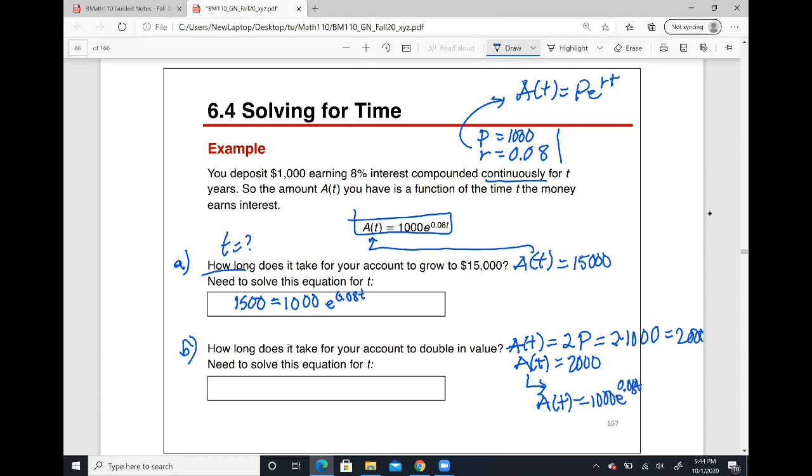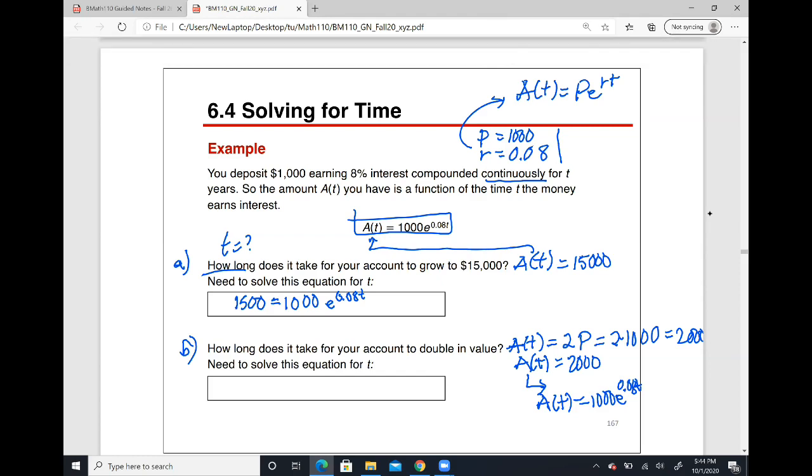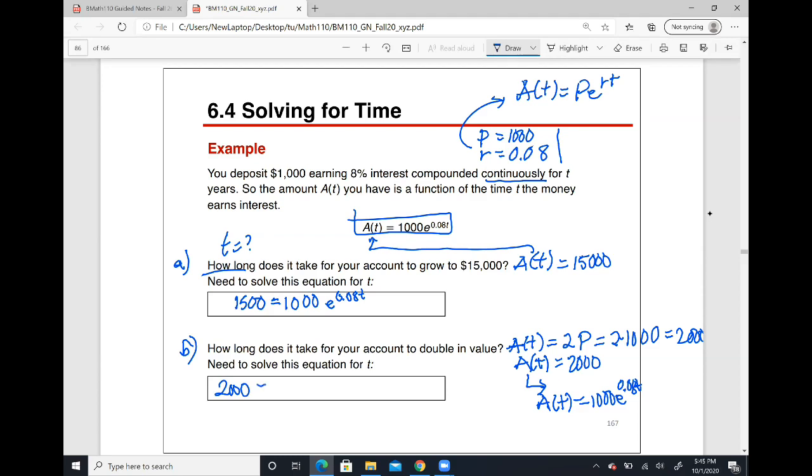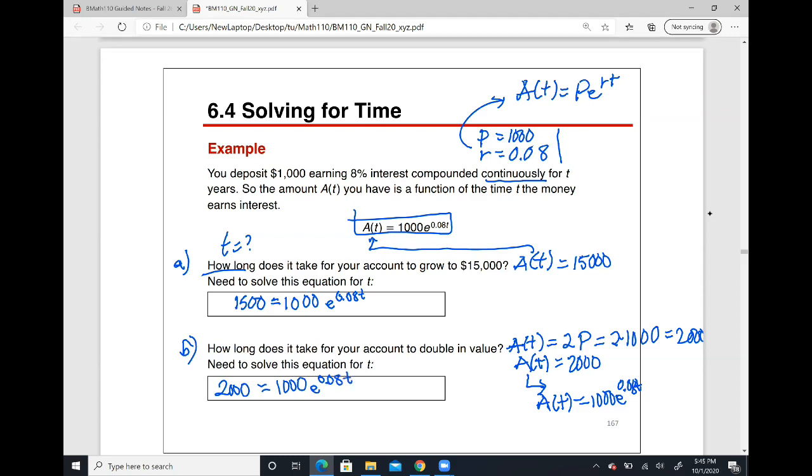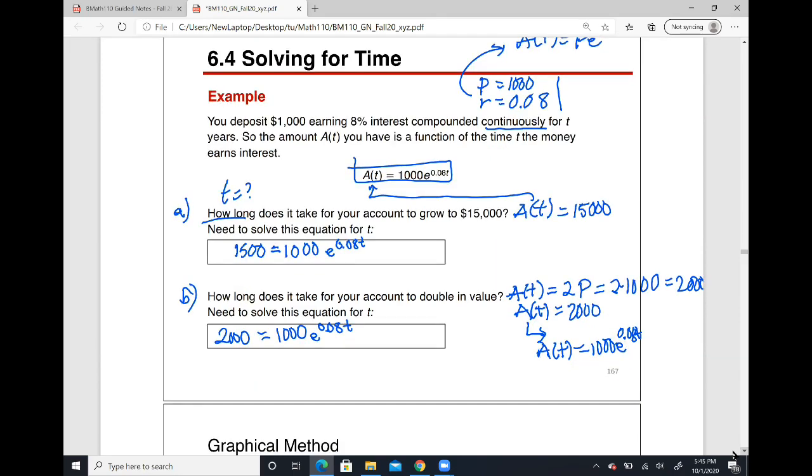And then you have to solve the equation 2,000 equal to 1,000 times e to the power 0.08t. So that is the equation that we need to solve for t in order to know how long to get to that amount.